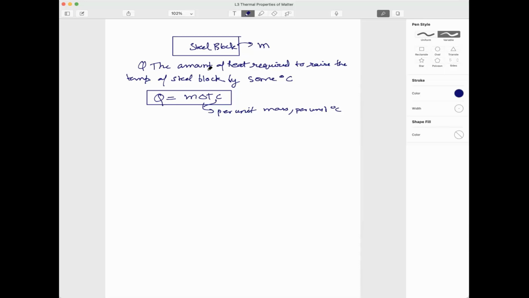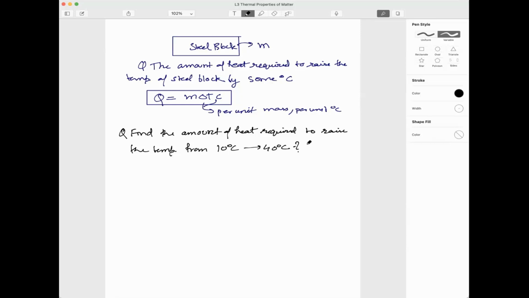Now let's look at some questions related to that. The question is: find the amount of heat required to raise the temperature of water from 10 degrees centigrade to 40 degrees centigrade.